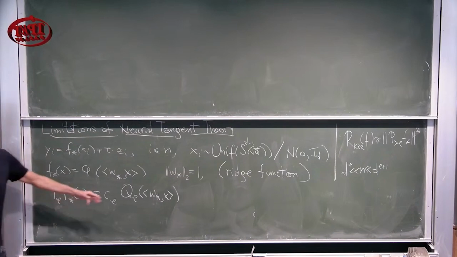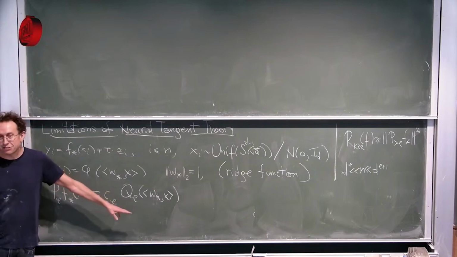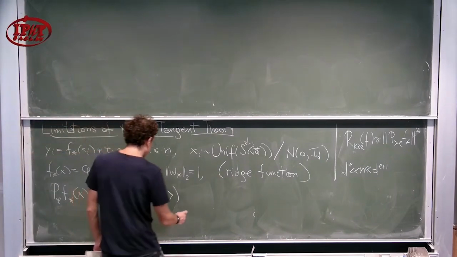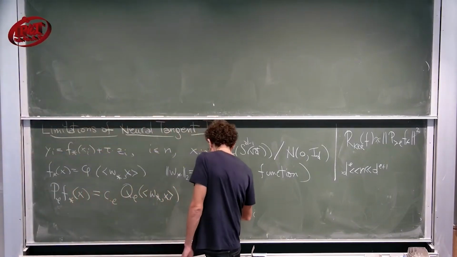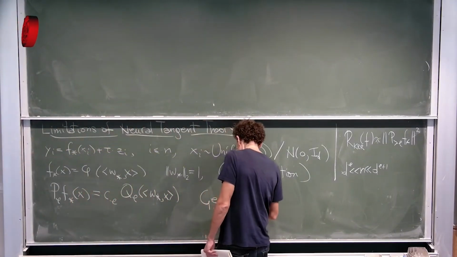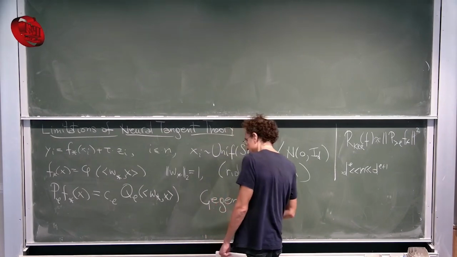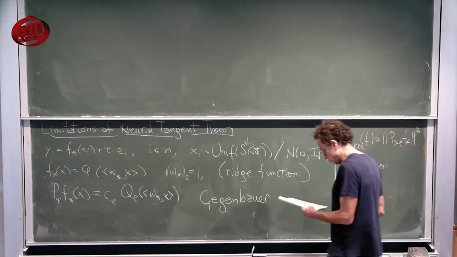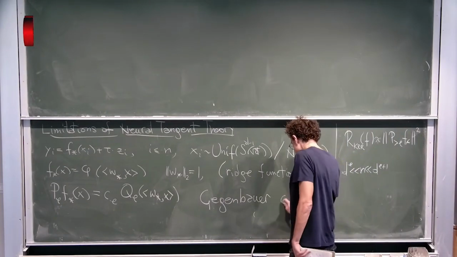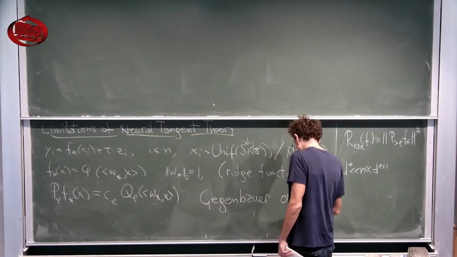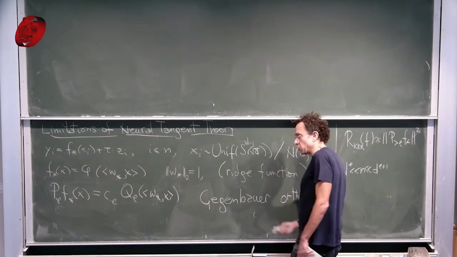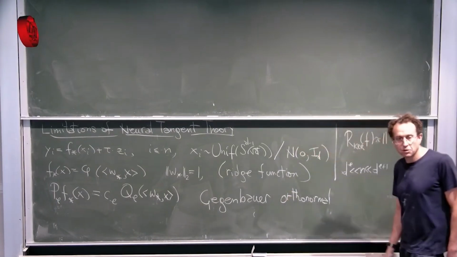Now, it turns out that this polynomial of degree l was invented before, and it's called the Gegenbauer polynomial. And we can choose them to be normalized.